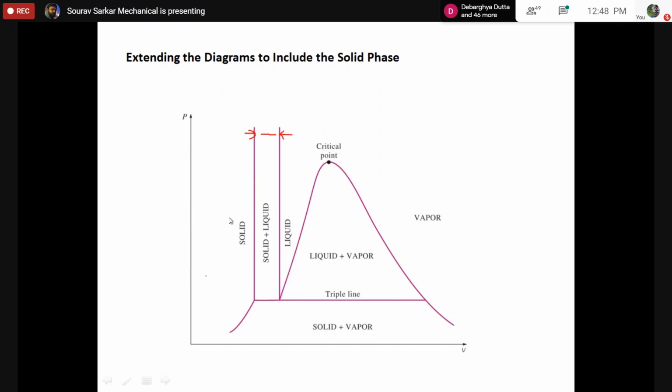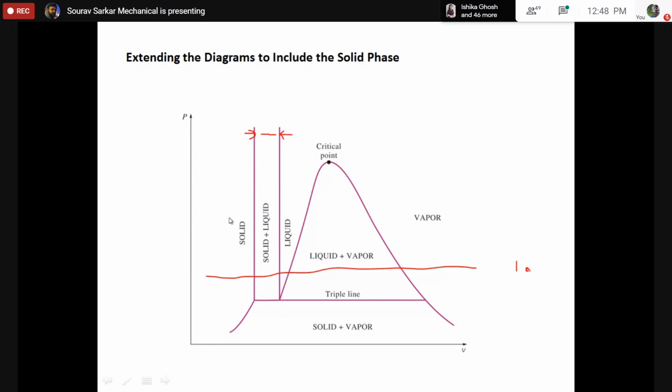So if I draw one line, suppose this is one line, what is constant on this line? Which variable is constant? Pressure.